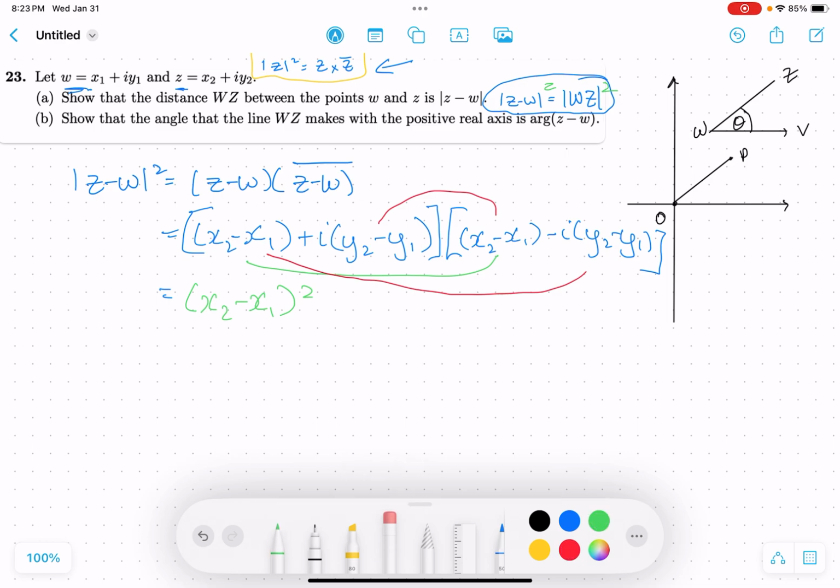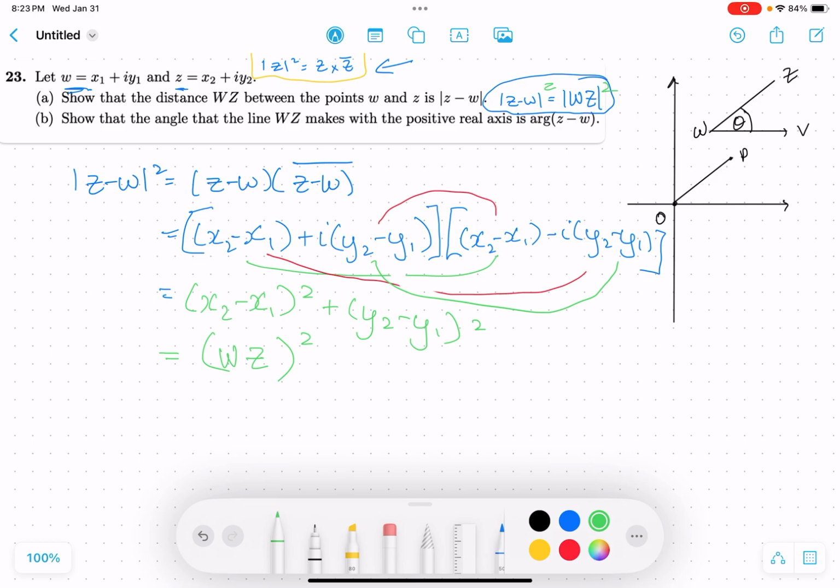The only other term we're going to get is i bracket times negative i bracket with the y's in it. So you're going to get negative i squared, which is positive, y2 minus y1 squared. So we already know we're going to get that, and that is just WZ all squared, the length from W to Z all squared.